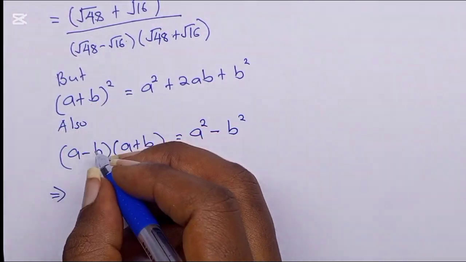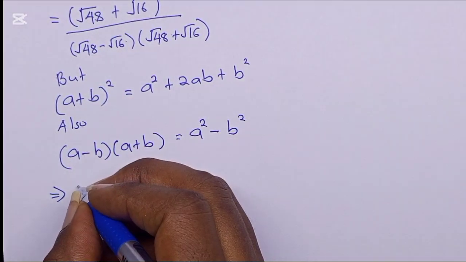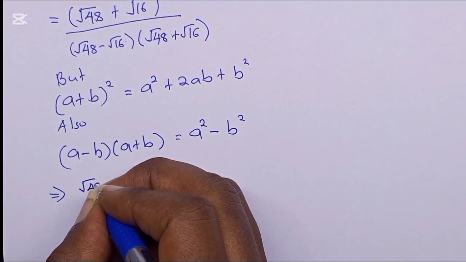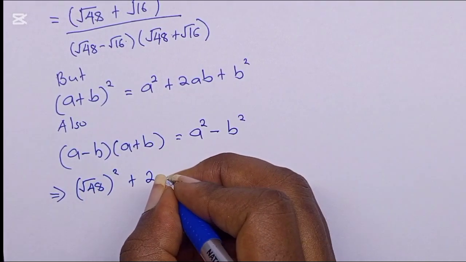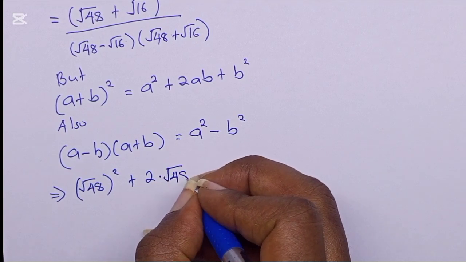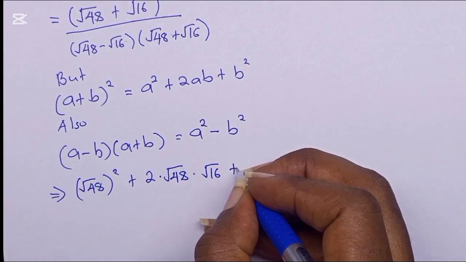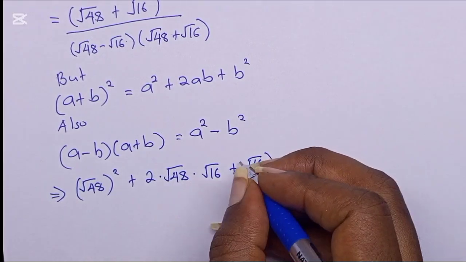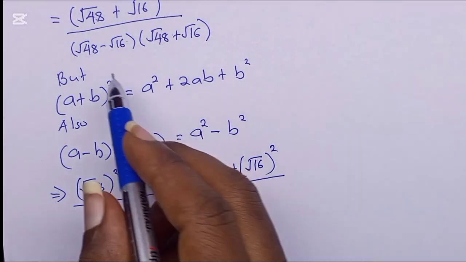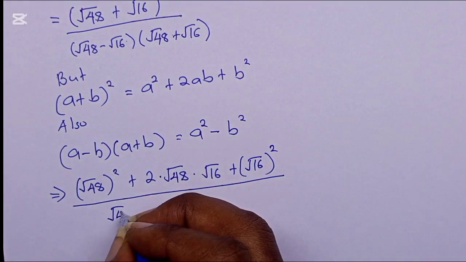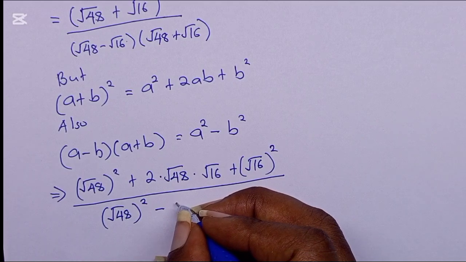So applying these two in our expression, it will be equal to root of 48 squared plus 2 times root of 48 times root of 16 plus root of 16 squared divided by the difference of 2 squares. Our a is root of 48 squared minus b, which is root of 16 squared.